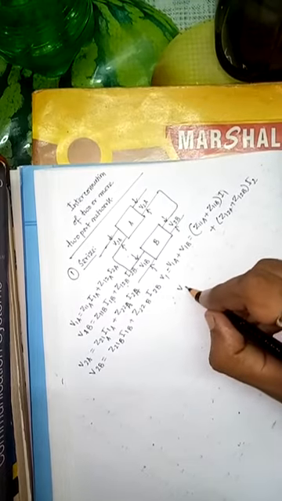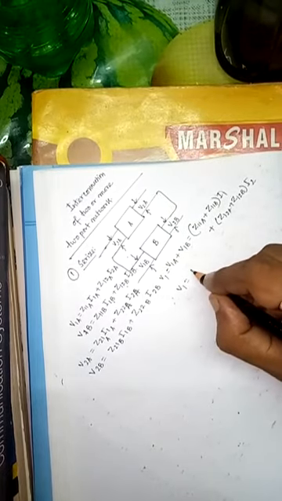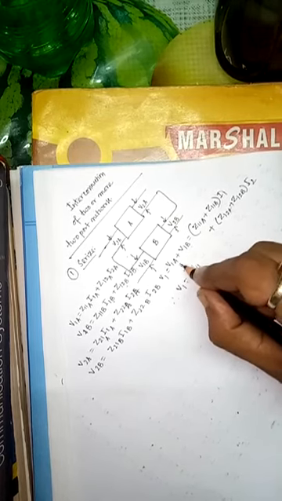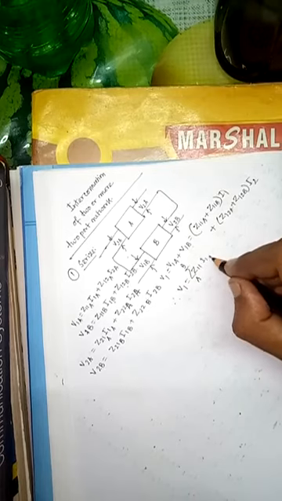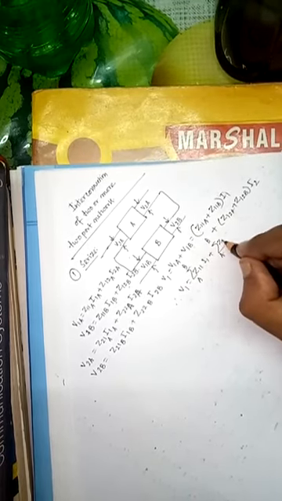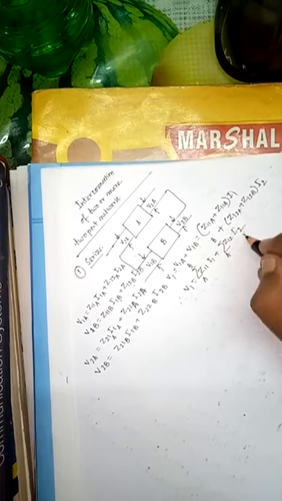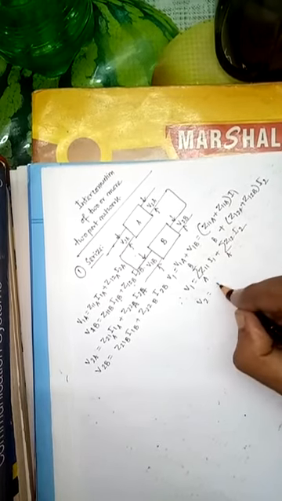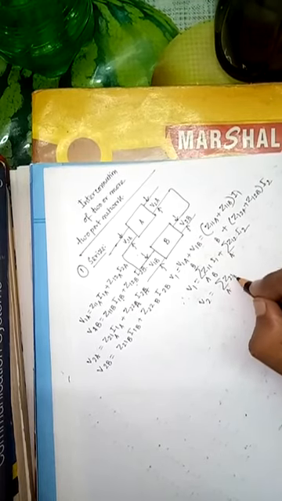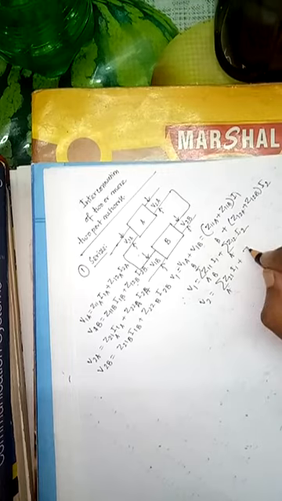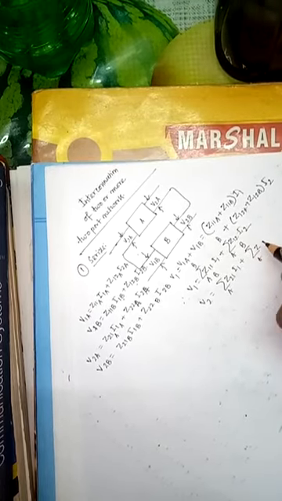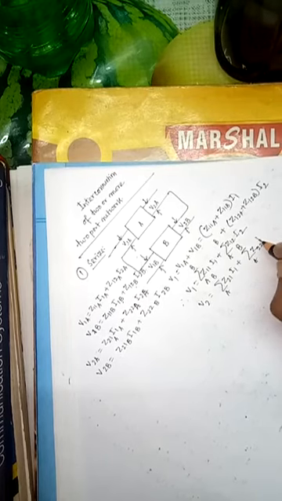So V1 equals the summation of Z11 of A and B into I1 plus the summation of Z12 of A and B into I2, and V2 equals the summation of Z21 into I1 plus the summation of Z22 into I2.